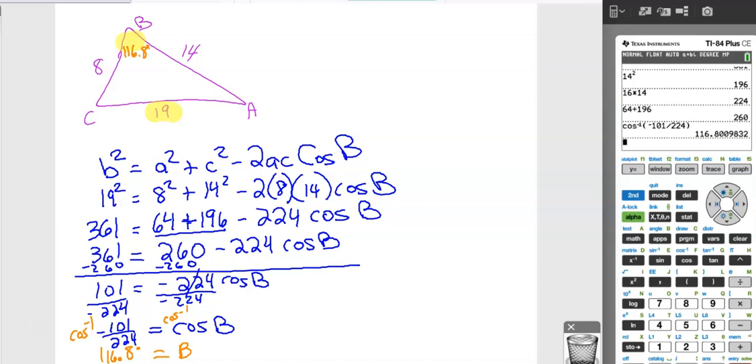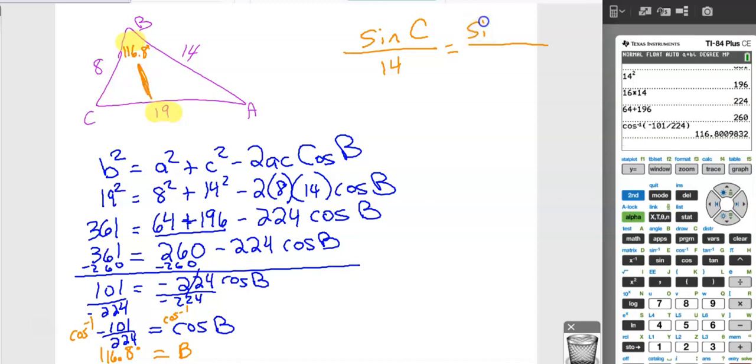The law of sines, I'm going to set up angle, the next biggest side, which is 14. So we're going to find angle C. So I'm going to do sine of C over side C, and then the pair that I do know is this right here.